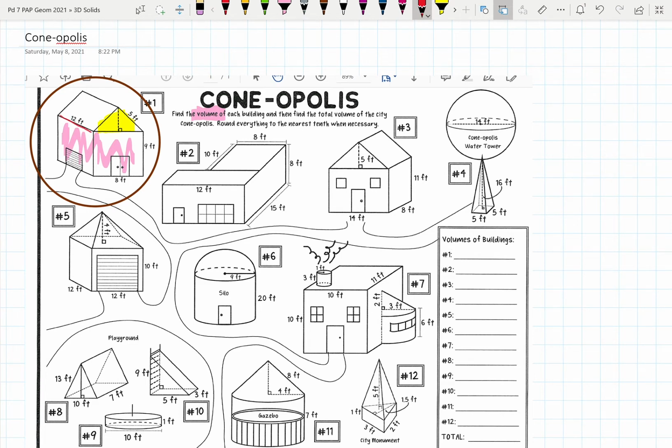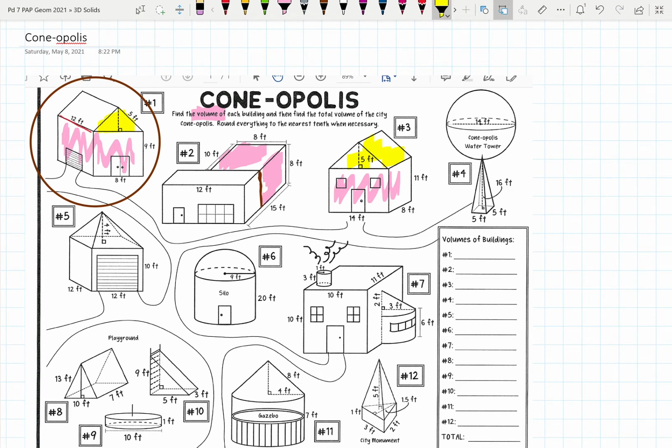Problem number 2 is 2 rectangular prisms. They are stuck together, but here's one rectangular prism, and back here is a second rectangular prism that's attached to it. Number 3 is very much like number 1. It's a rectangular prism with a triangular prism for the roof.